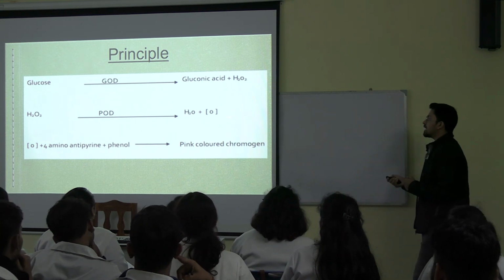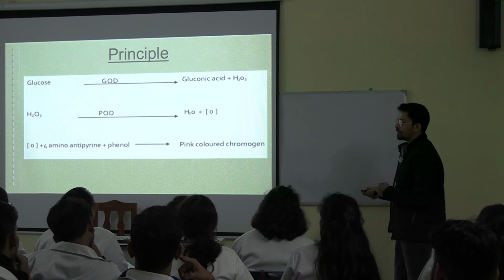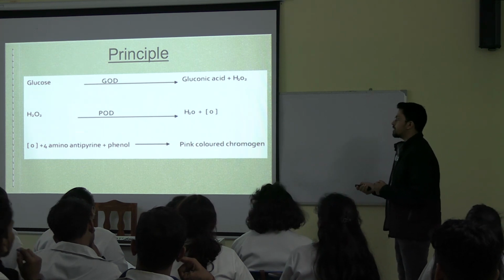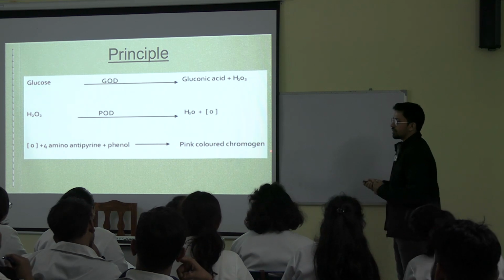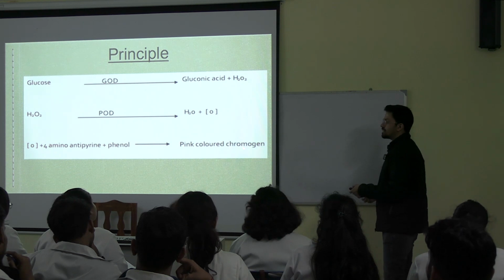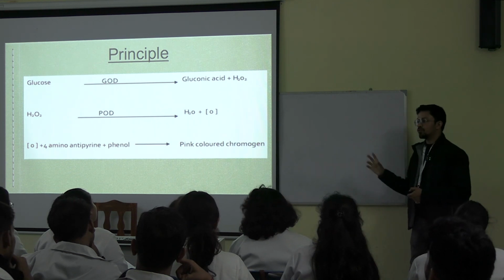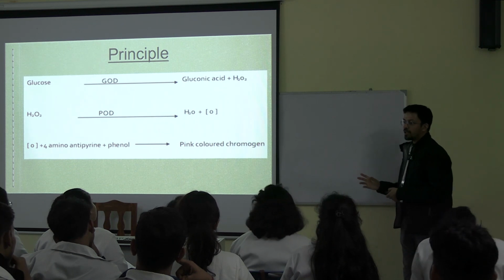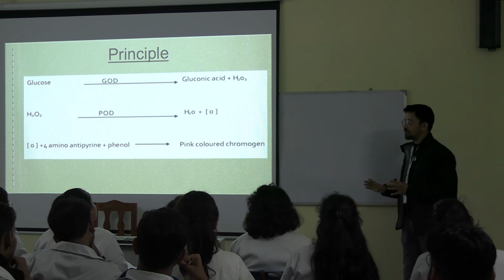Nascent oxygen is highly reactive, and it reacts with the 4-amino antipyrin in the presence of phenol in the phosphate buffer. After this reaction, pink color chromogen is forming, and we are estimating by this color change. By this color change, you can understand whether there is a presence of glucose or not. If there is a presence of glucose, definitely this color change will be there. If there is no color change, it means glucose is absent.